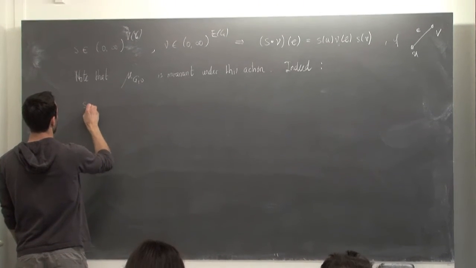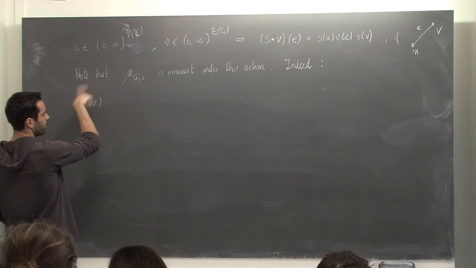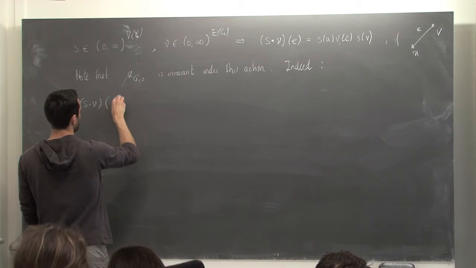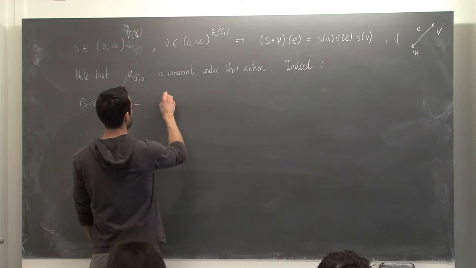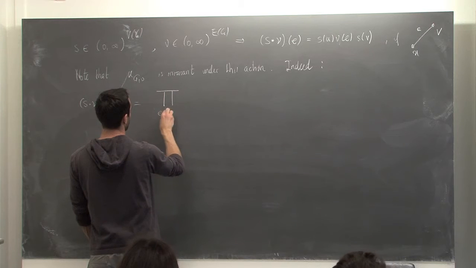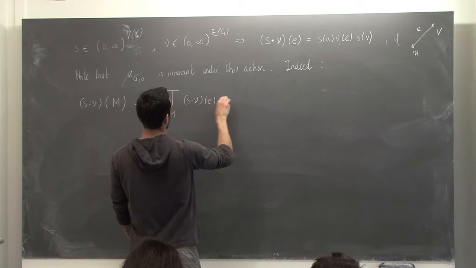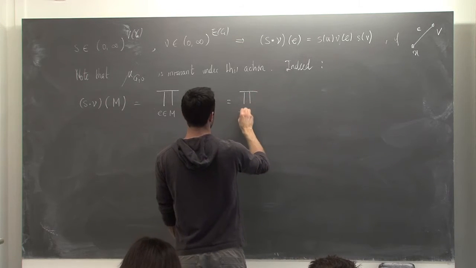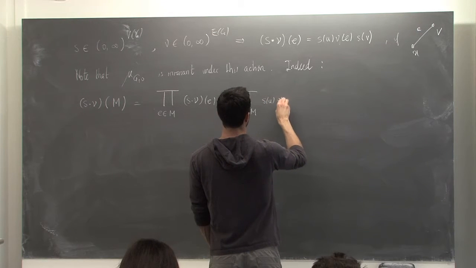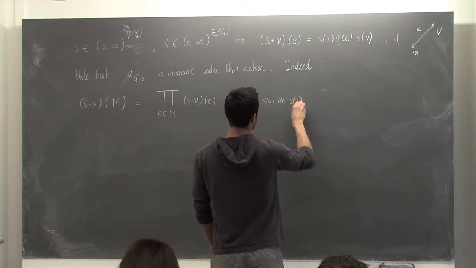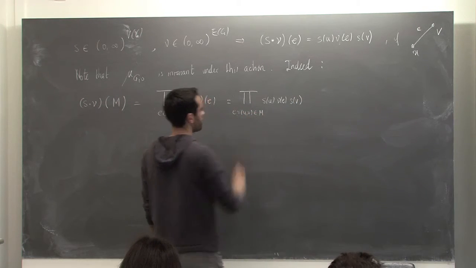I want to understand what this new edge weight system gives when applied to one perfect matching M. So what is this? It's the product over all edges of M of S of U, S of V, if E is equal to UV.